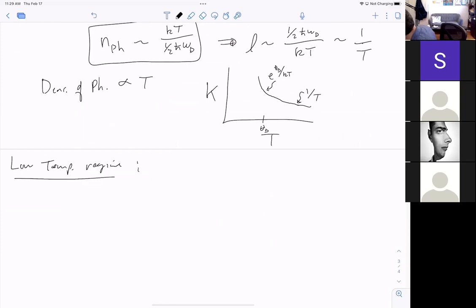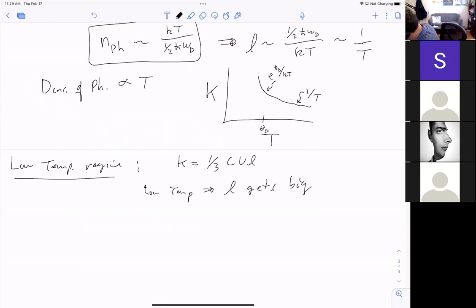In the low temperature regime, you look at this term, K equals 1/3 CVL, and you notice that at low temperature, L gets big.